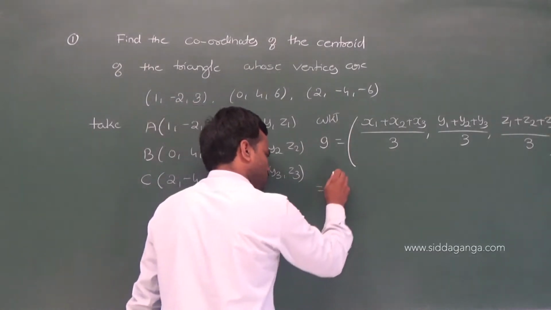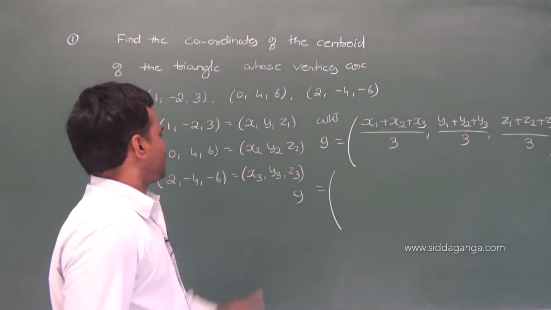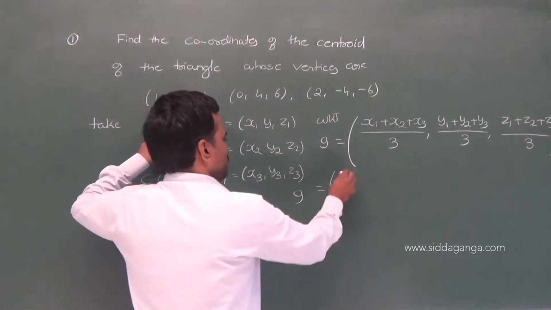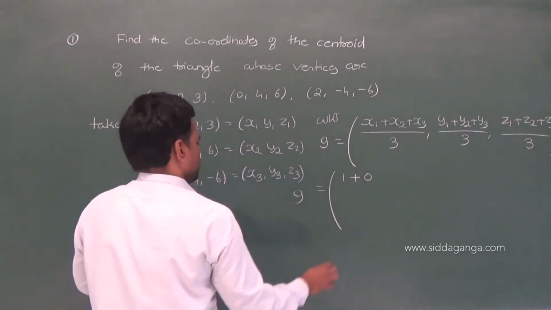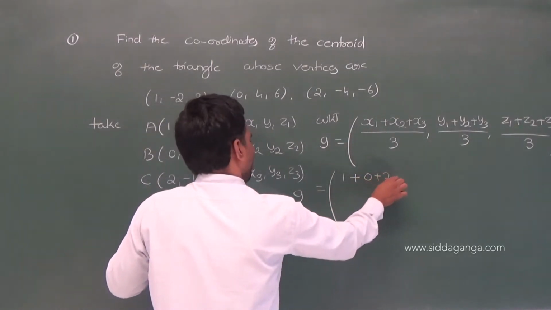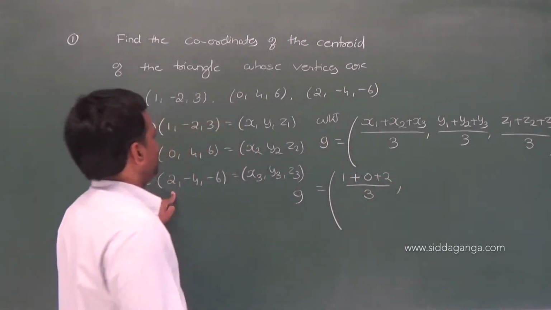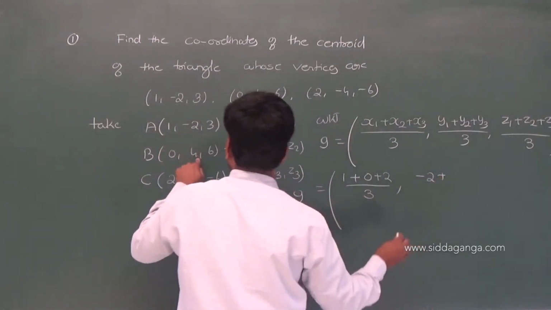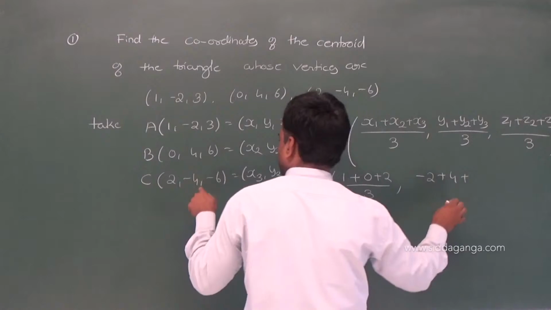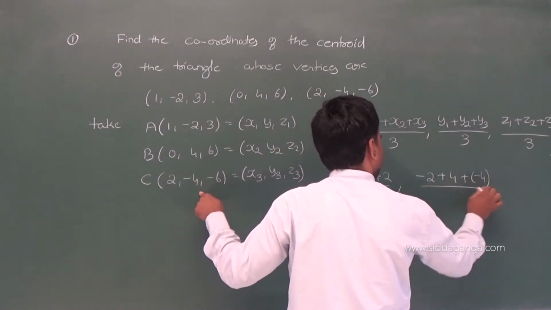Substitute all the values. G, the centroid, is equal to: x1 is 1, plus x2 is 0, plus x3 is 2, so 1 plus 0 plus 2 divided by 3. The x coordinate is over. Y coordinate: minus 2 plus 4 plus minus 4 divided by 3.